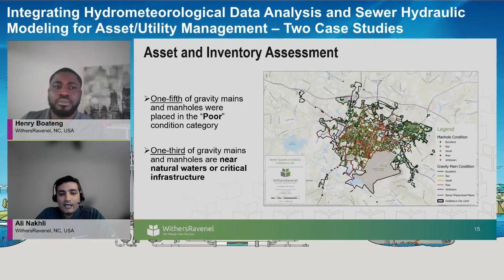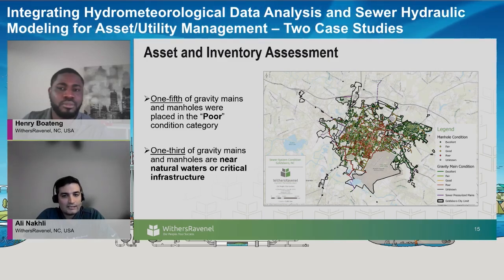Next, please. So the hydraulic characterization was part of an asset and inventory assessment, with the ultimate goal of helping the city be more proactive and viable in managing their wastewater assets.